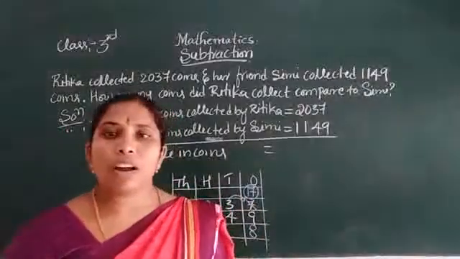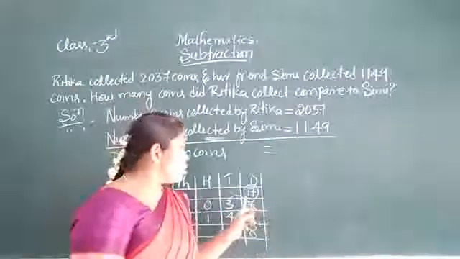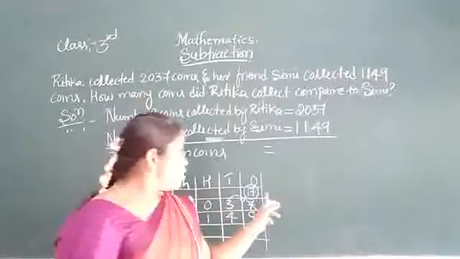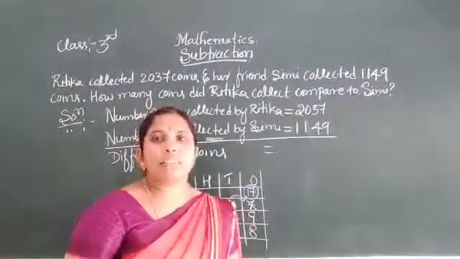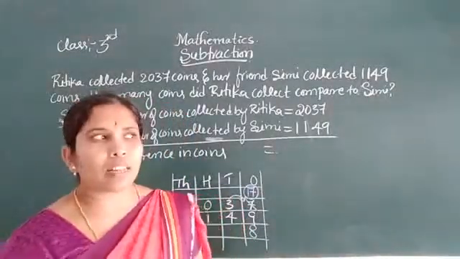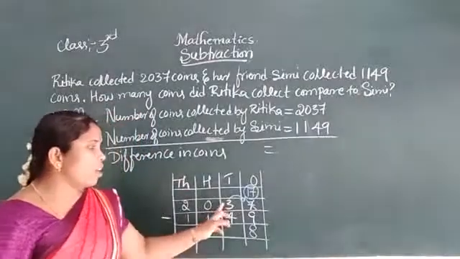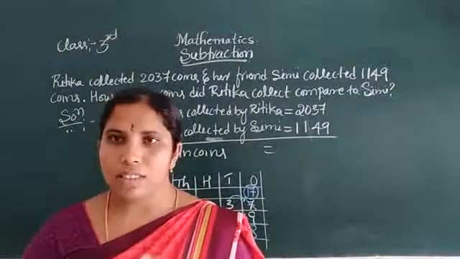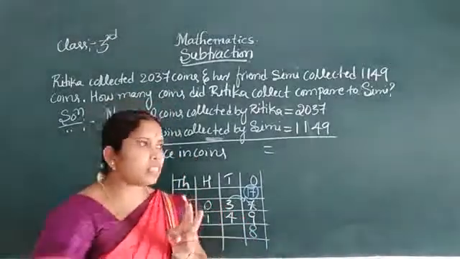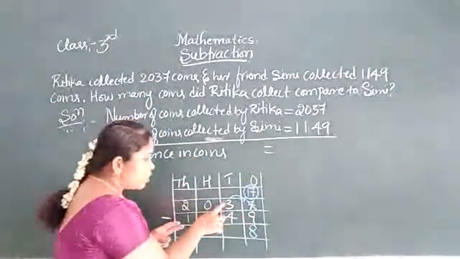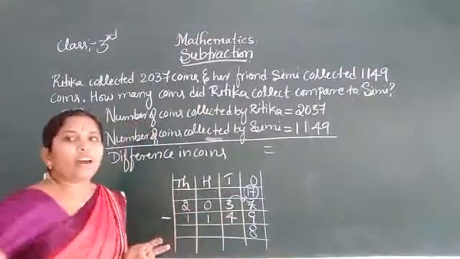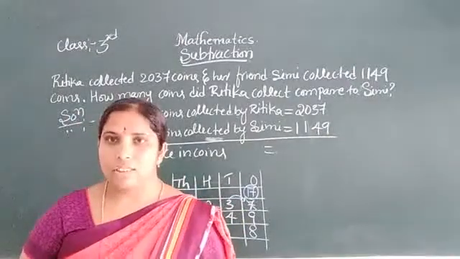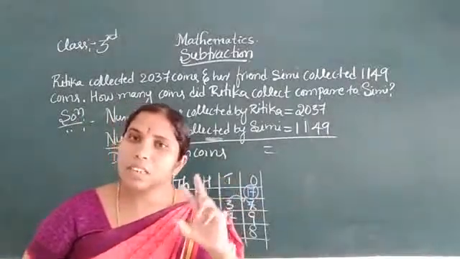So 1 borrow is equal to 10. 10 plus 7 equals 17. 17 minus 9 equals 8. Then observe, this 3 becomes 2 because it gave a borrow to the neighbor digit.